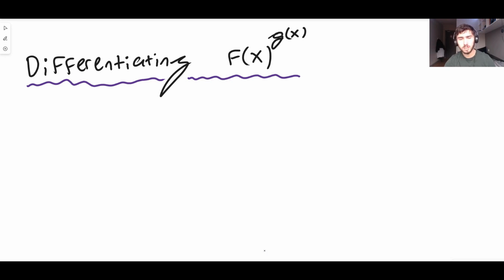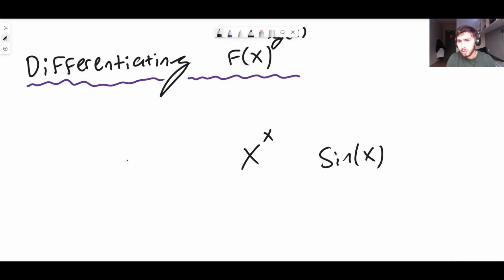In this video we're looking at differentiating functions of the form f of x to the power of g of x. This is really useful for when we want to differentiate things such as x to the power of x, or sine x to the power of e to the x, or tan x to the power of x cubed, or anything like this.